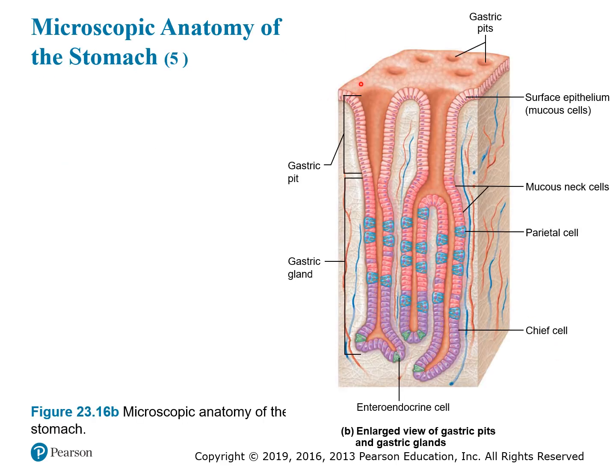Let's see the cells of the stomach in this. So these are the gastric pits. In the gastric pit, this is the surface epithelium mucus cell, and then these are the mucous neck cells. They secrete mucus. And then these are the parietal cells. Parietal cells secrete hydrochloric acid and intrinsic factor. Remember, intrinsic factor is the substance which attaches to vitamin B12.